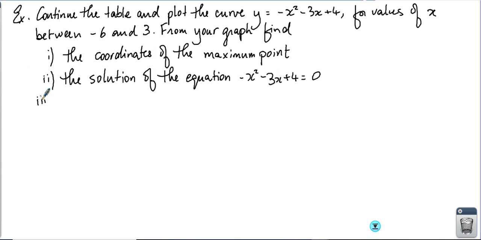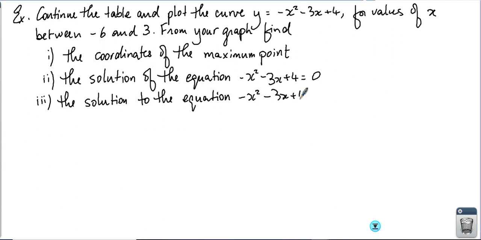Number 3, the solution to the equation minus x squared minus 3x plus 4 equals 5.